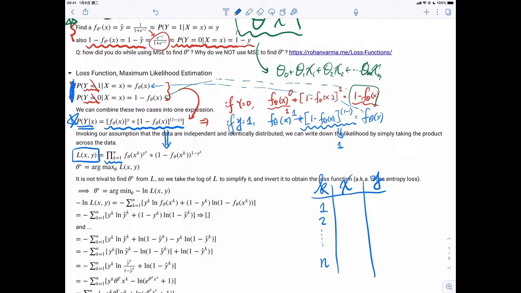What is the likelihood of x and y, which is right here? What does that exactly mean? That means you take the product of everything, and that is the likelihood of this data. Okay. What does likelihood mean?